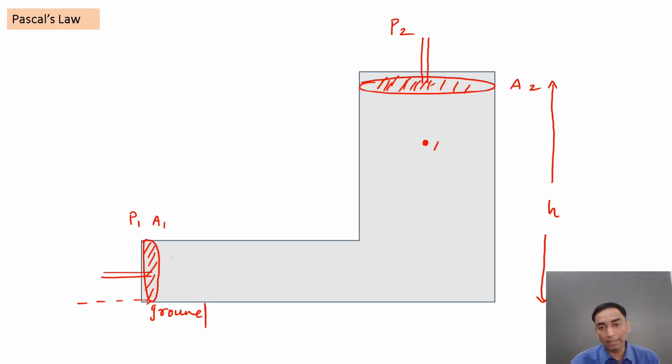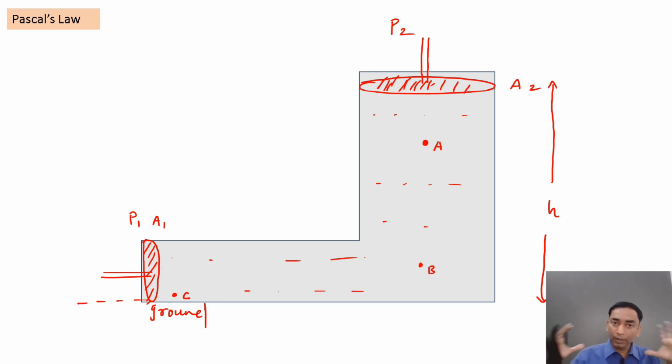Let me call this point as A, this point as B, and this point as C. Now look at these 3 points. And yeah, I forgot to mention one thing, that this is entirely filled with water, or you may consider oil. This is filled with oil, and liquids are incompressible. So this entire setup is filled with the liquid oil.